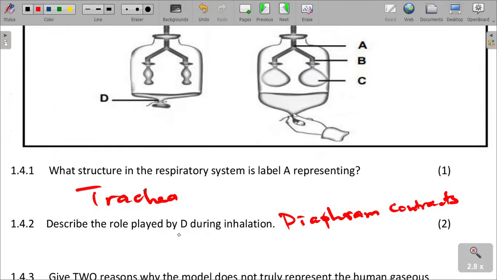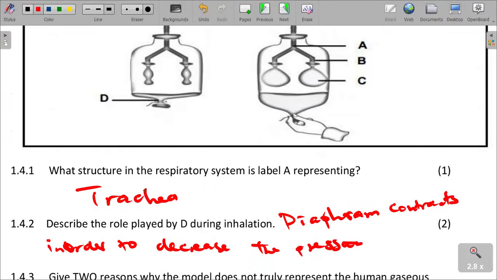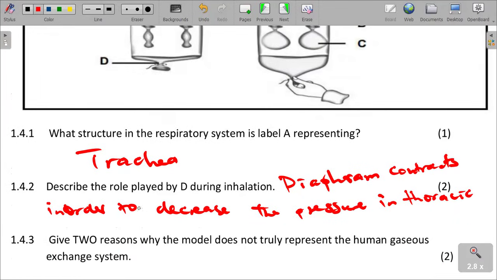The diaphragm contracts in order to decrease the pressure in the thoracic cavity.